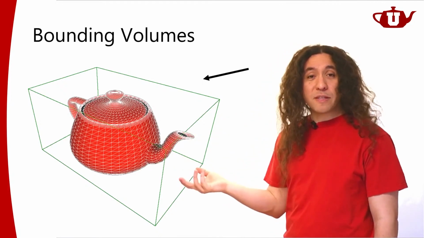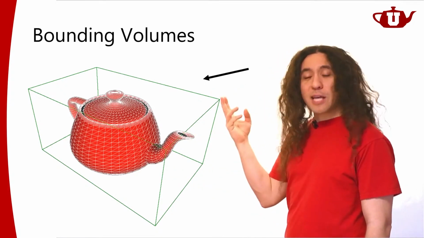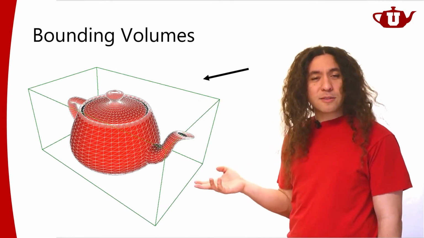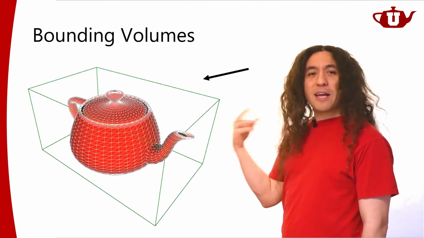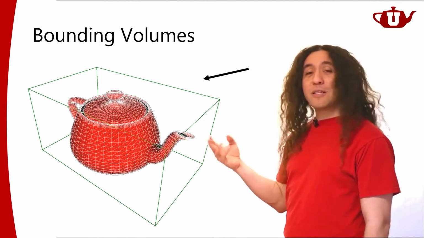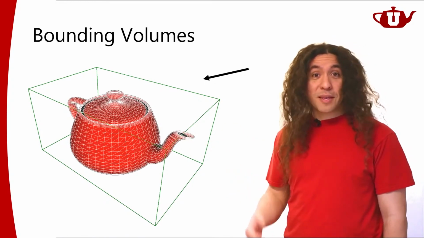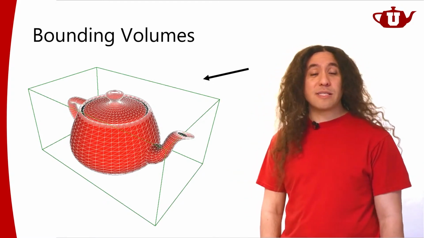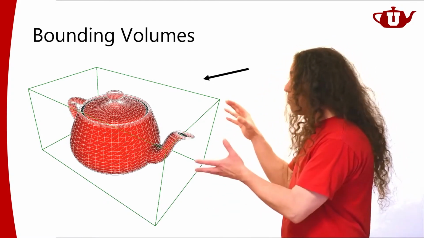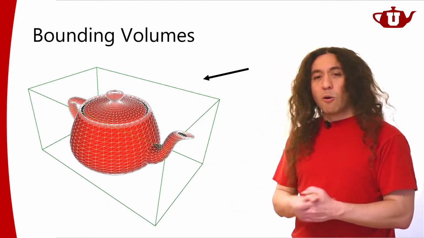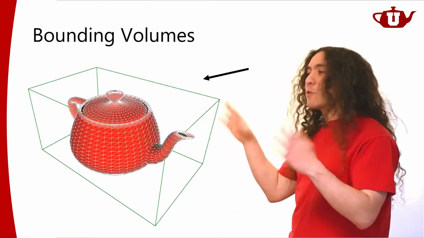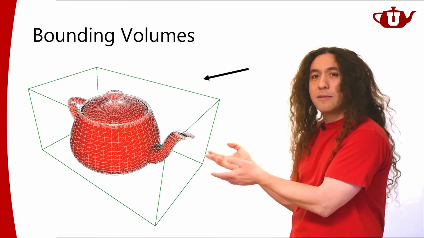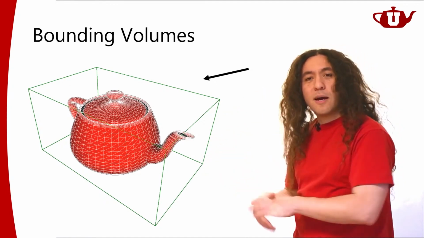Right? It's obvious. If the ray does not intersect with the box, it's not going to intersect with anything that's inside the box. So for it to intersect with anything inside the box, it needs to intersect with the box first. So by doing just this very simple computation, I can actually save a lot. Like just by adding a box to my object. Now all of these rays that would obviously miss the teapot because they're not even intersecting with the box, I can get rid of them.